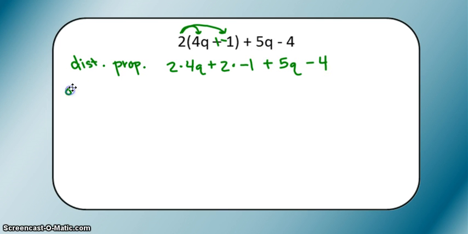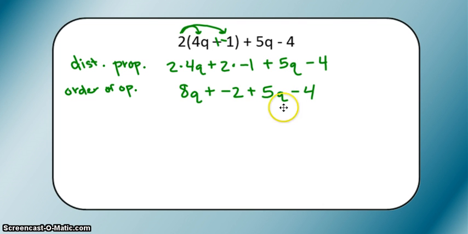Now I use the order of operations to say that we need to do that multiplying first. 2 times 4q, that's 2 4q's, which is 8q. Plus 2 times negative 1, that's negative 2. I'm going to change the subtracting here to adding the opposite.